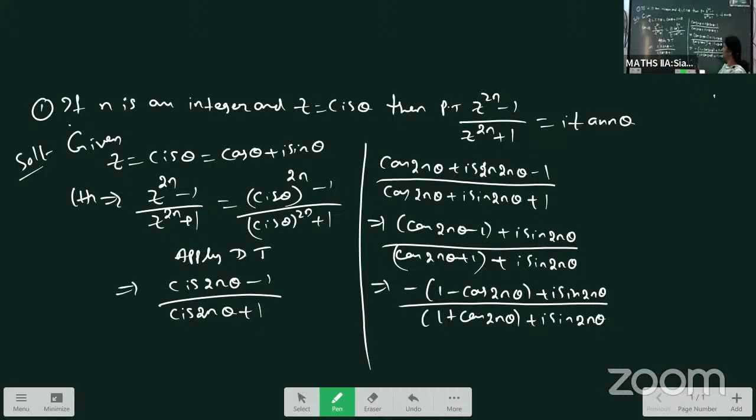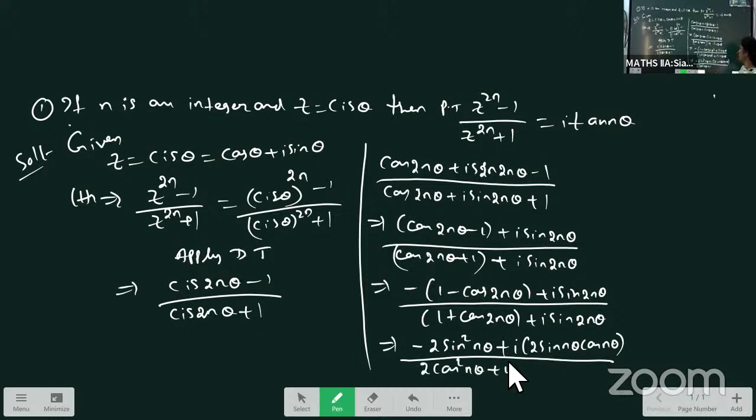Now, minus as it is, 1 minus cos 2n theta is 2 sin square n theta plus i into sin 2n theta, which can be written as 2 sin n theta cos n theta, by 1 plus cos 2n theta, which is 2 cos square n theta plus i into sin 2n theta, again 2 sin n theta cos n theta.